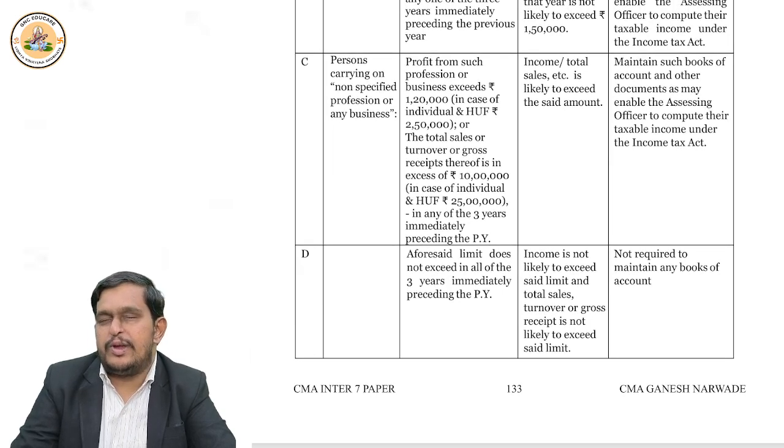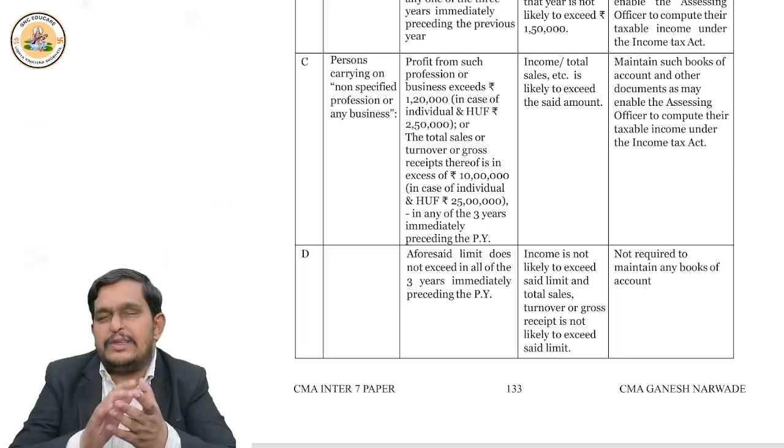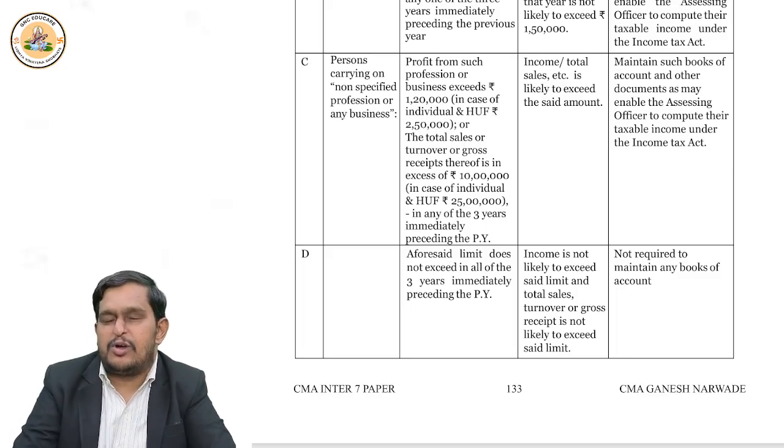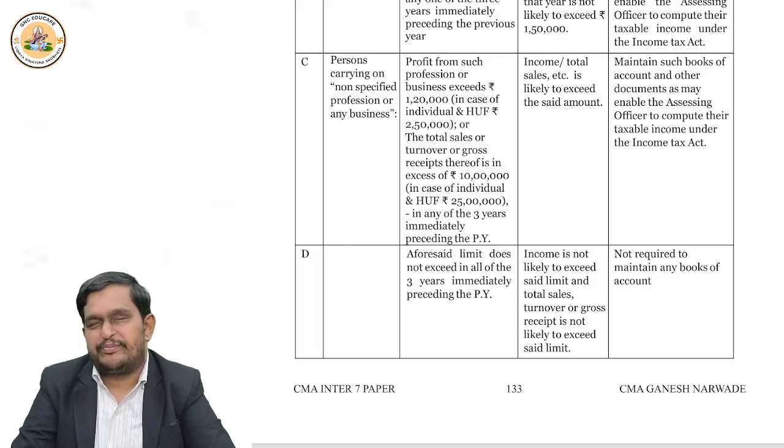Then no need to maintain books of accounts. But if any one of the two, income or turnover, crosses that limit in any of the 3 years, then you have to maintain reasonable books which can help the assessing officer to compute your income.